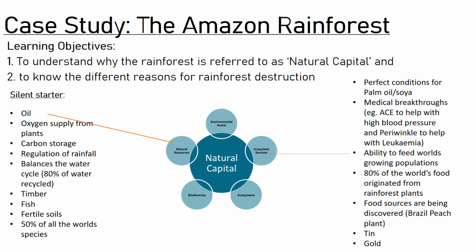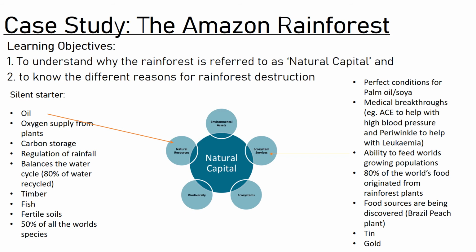So that's things like the fact it regulates our climate, the fact that it causes a lot of rainfall in that part of the world, and it stabilizes the whole global atmospheric circulation. It's got natural resources like oil, and obviously that leads to a lot of money in some places. It provides ecosystem services, so it provides a lot of food. 80% of the world's food originates from rainforest plants, and so obviously that's a social benefit, but also that makes people a lot of money, so that's capital.